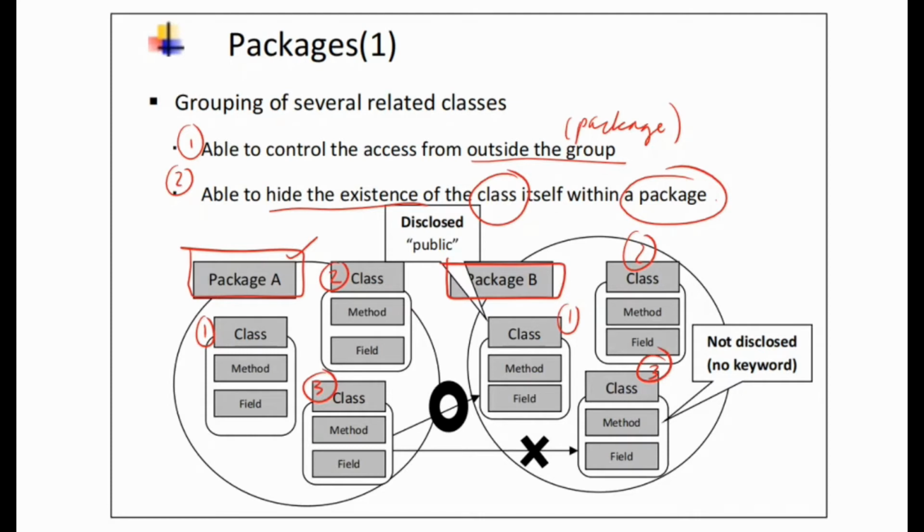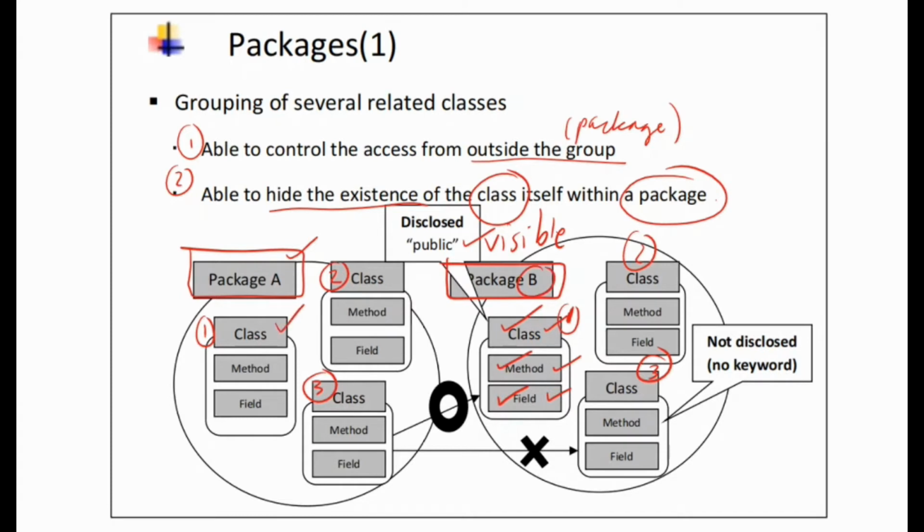Let's say, for example, that this class, the first class, is defined with the access modifier public. And also the methods and the fields in that class are also defined using the public access modifier. So what happens is that this class and its fields and methods are visible outside this package B.